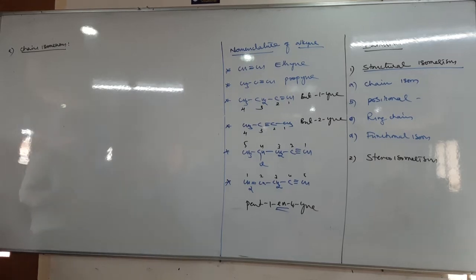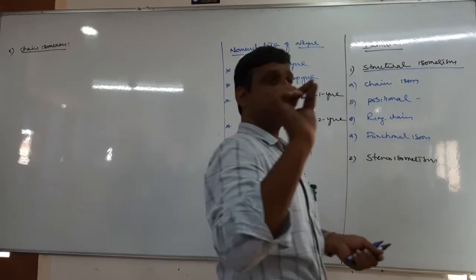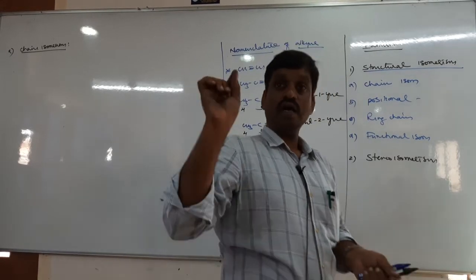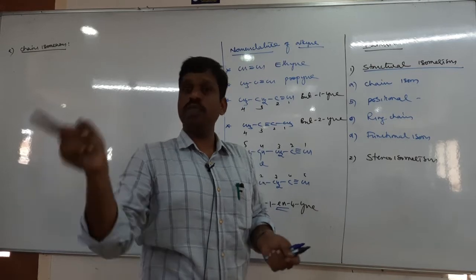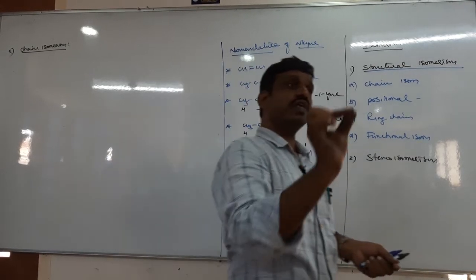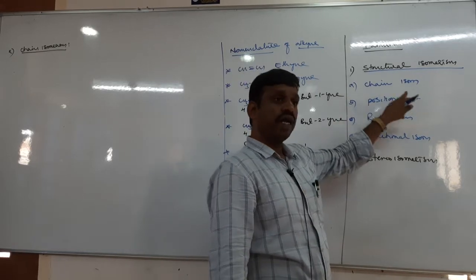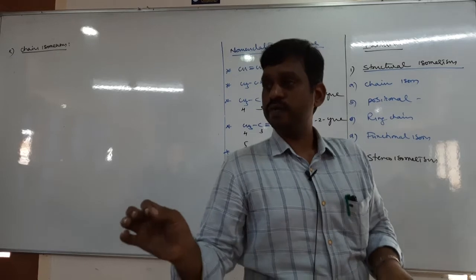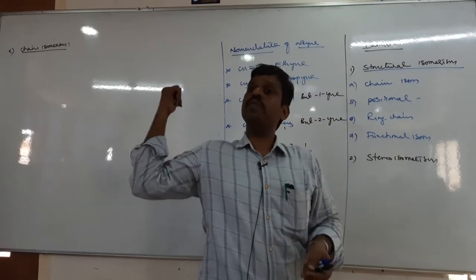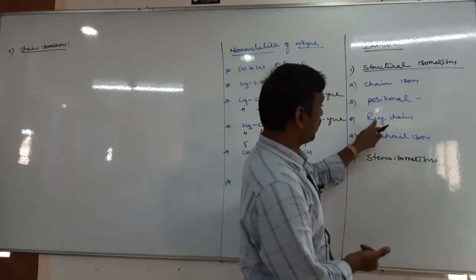The organic compounds which have the same molecular formula but differ in either parent chain or side chain. Molecular formula should be the same. They must differ either in side chain or parent chain. Next, positional. Organic compounds which have the same molecular formula but differ in position of the triple bond here. Position of triple bond.